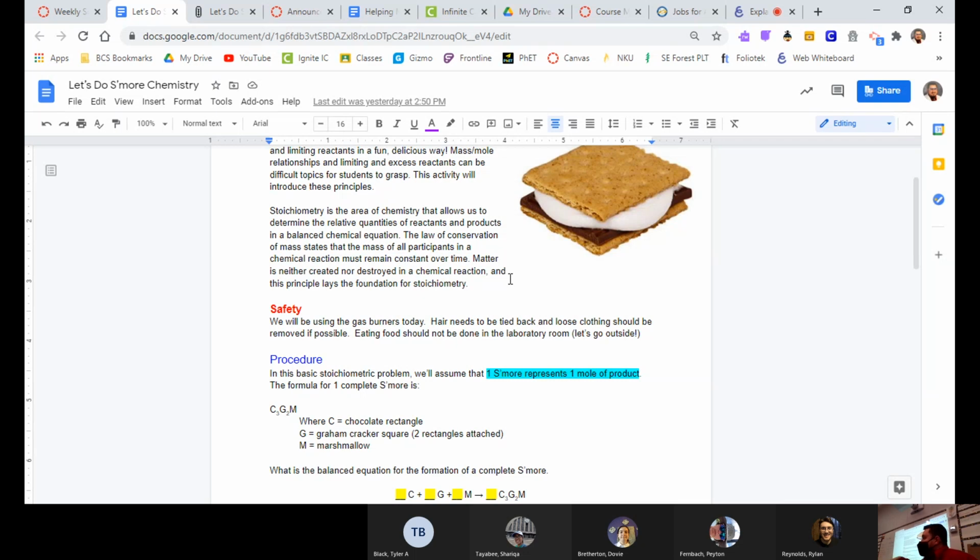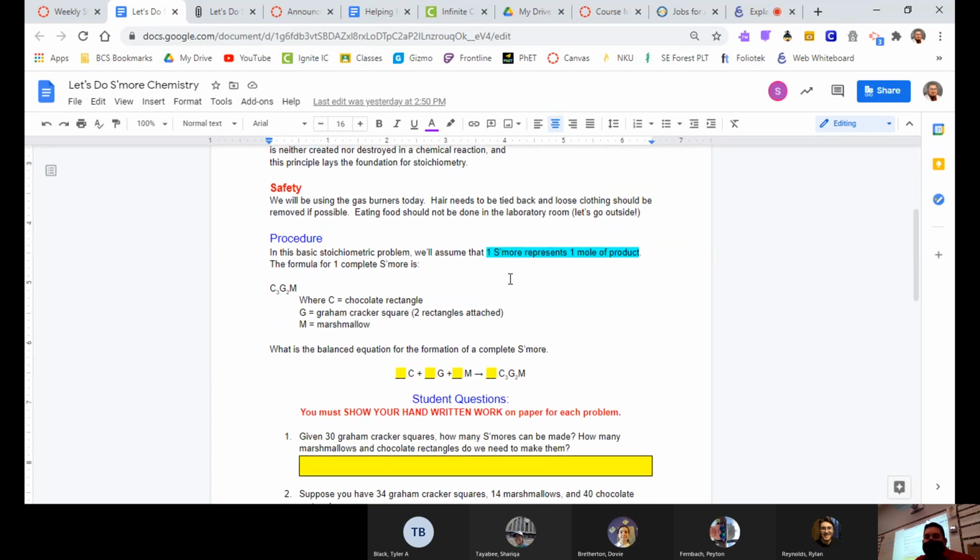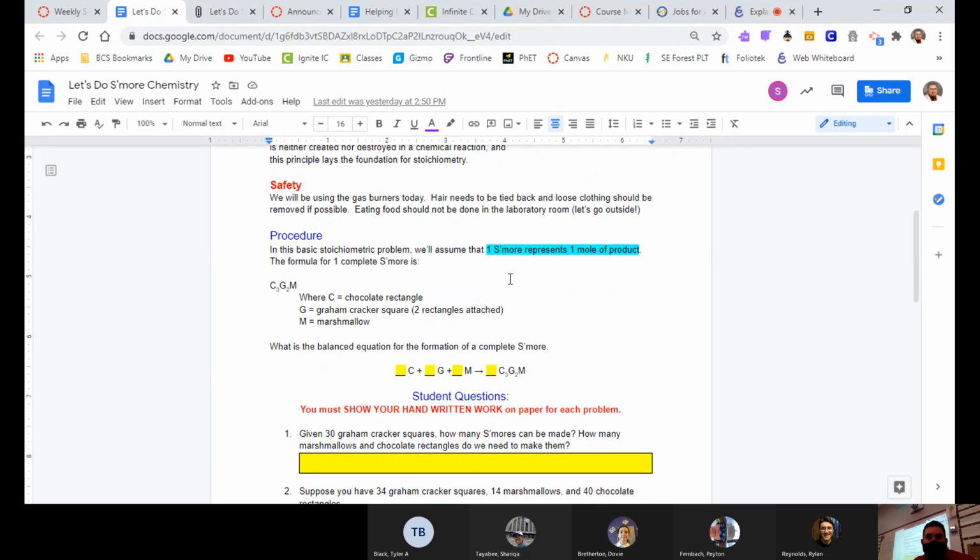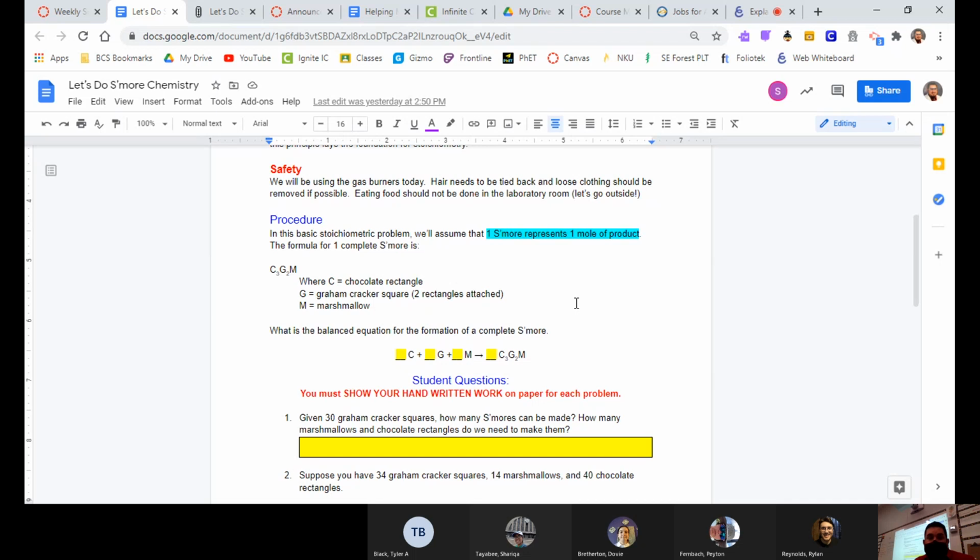Even the gas burners are brand new. The gas nozzles on top are brand new. If you remember, we did the flame test and you got chemicals inside the nozzles. Those are brand new, with no chemicals in there, so we can use this for eating purposes today. Sorry, kids at home, you can make a s'more with us if you want.